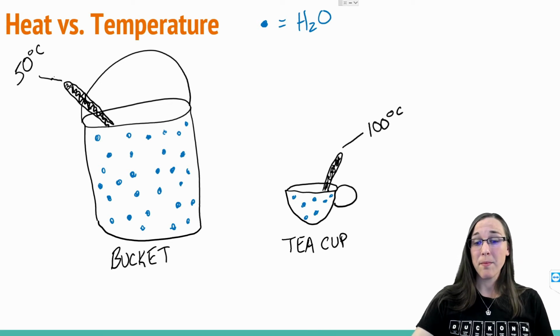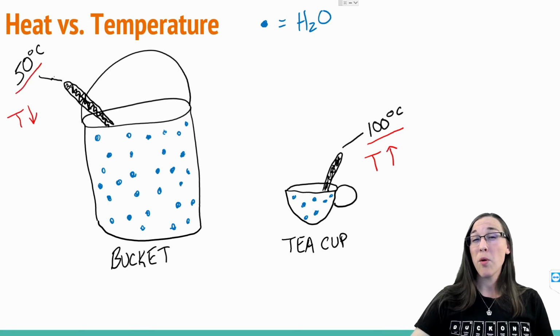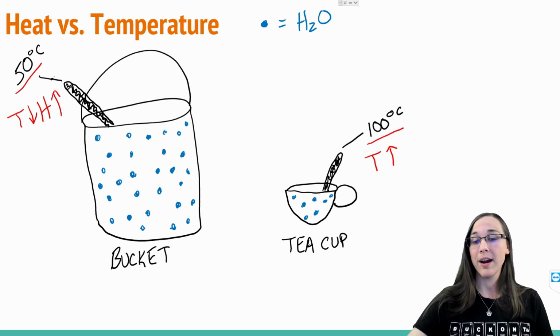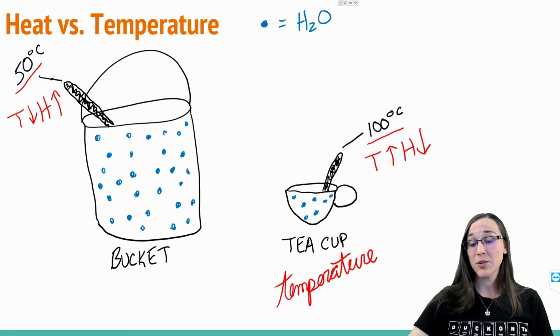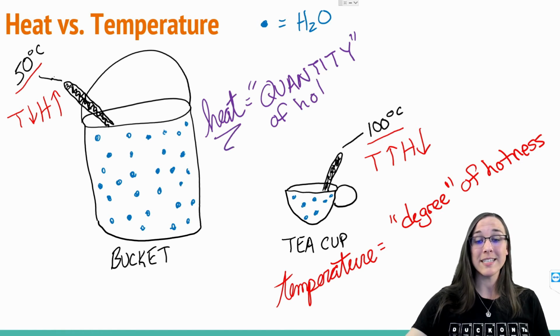So even though the temperature of the teacup is bigger and the bucket's temperature is lower in comparison, there are more water molecules in the bucket at 50 degrees Celsius, so that means the heat is greater, whereas the teacup has a lesser number of water molecules present at 100 degrees Celsius, therefore its heat is less. In other words, when we think about temperature, we're literally just thinking about the degree of hotness. Whereas if we're considering heat, we're thinking about the quantity of hotness.